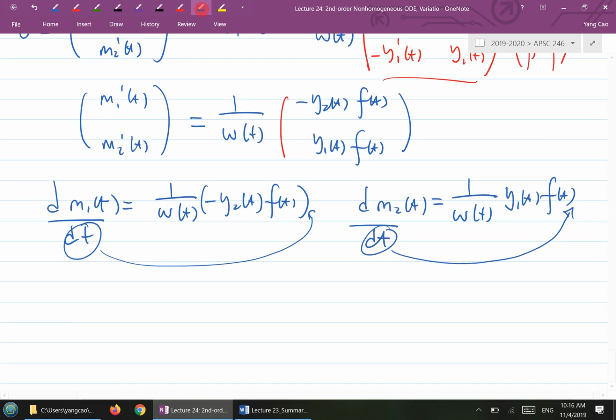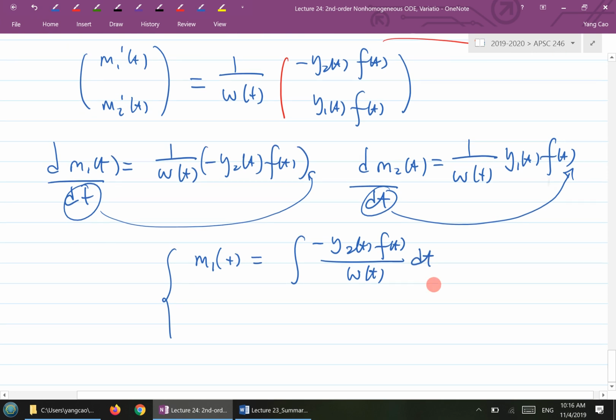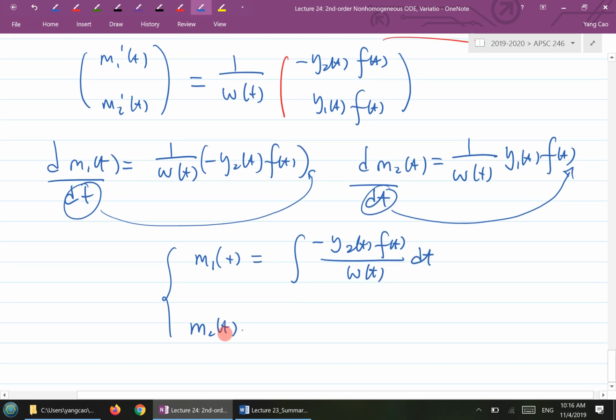Now we get our formulas for m1 and m2. m1 equals the integral of negative y2(t) f(t) over the Wronskian dt. m2 equals the integral of y1(t) f(t) over the Wronskian dt.